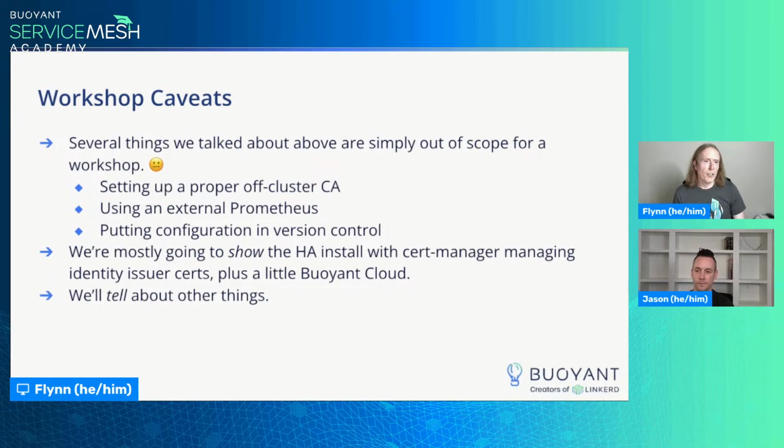We're not going to show configuration and version control. These are mostly things that you can go look at other SMAs to find out about. We're mostly going to show an HA install with Cert Manager set up to manage the identity of your certs. I'll show a little bit of Buoyant Cloud. I'm going to show some things about debugging, and we'll talk at various points about some of this other stuff. And of course, if you have questions as we go, post them in the workshop channel and we can tackle them.